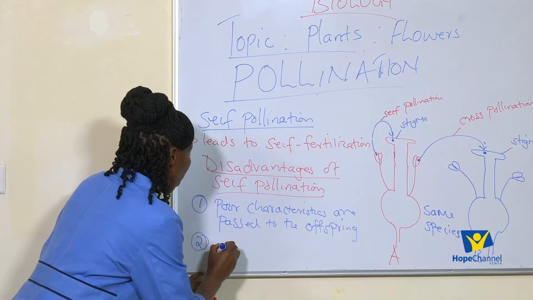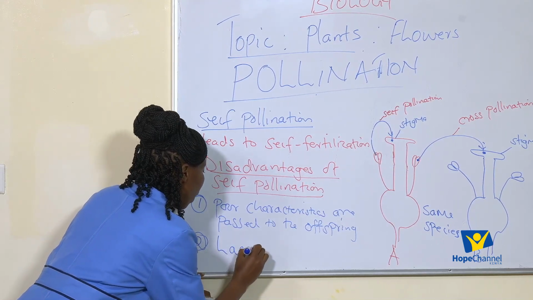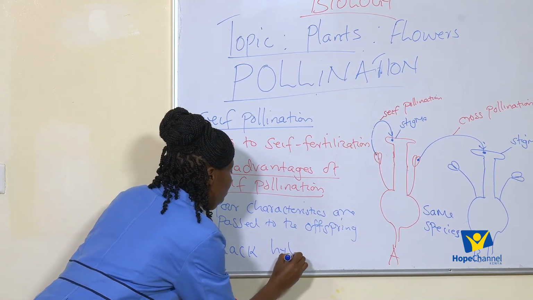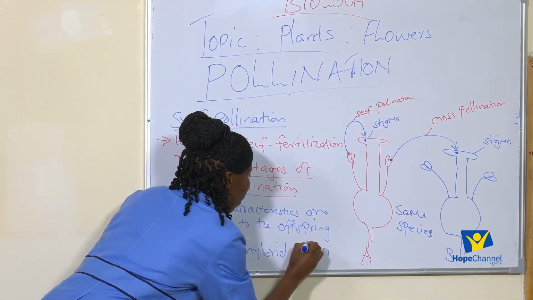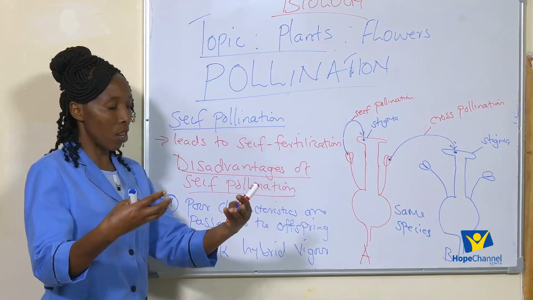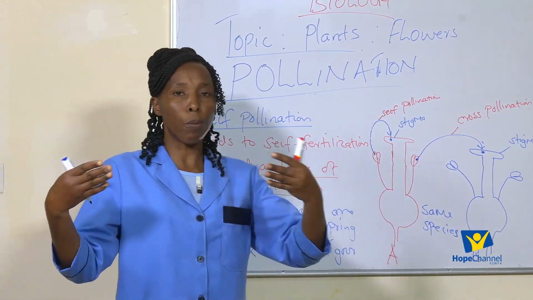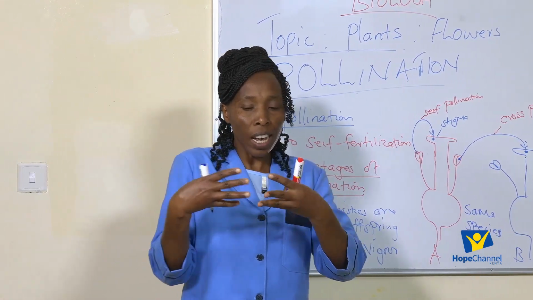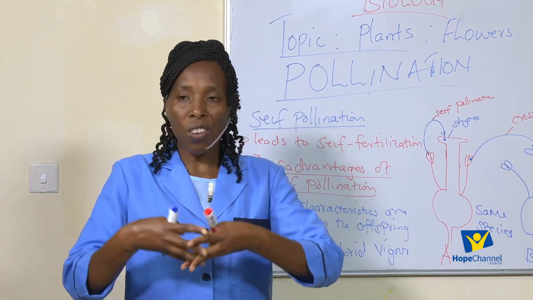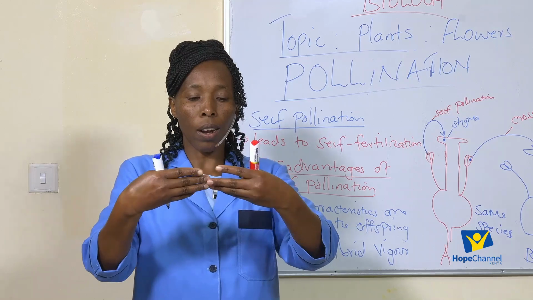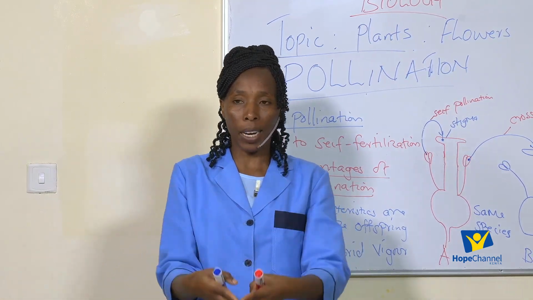Number two, flowers that undergo self-pollination usually do not have any hybrid vigor. We say these plants lack hybrid vigor. Remember, when we have genes from different plants, there is exchange of genes or characteristics, which results in an offspring having better characteristics.